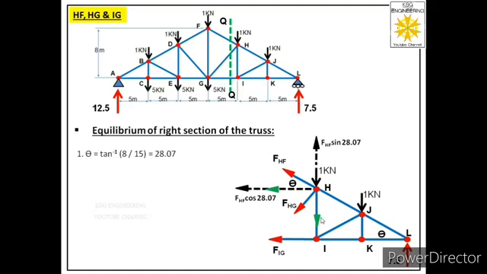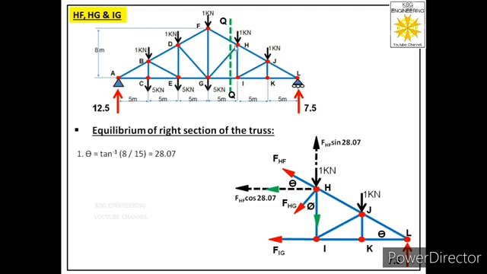So for that, we have to first find angle of this force with any of these 2 components. So let us locate angle of this force with this component first, and let us call that angle as phi. So let us see where is this phi in the truss. This phi is over here.